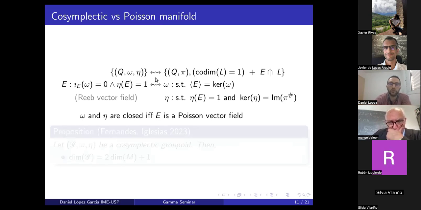On the other hand, you can define a Poisson structure on Q such that it is regular. Well, you have the symplectic foliation, and if you have a cosymplectic manifold, every leaf of this symplectic foliation has codimension 1. And also here appears a vector field which is transverse to the leaves of the foliation.